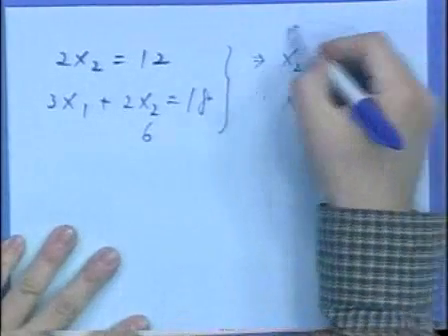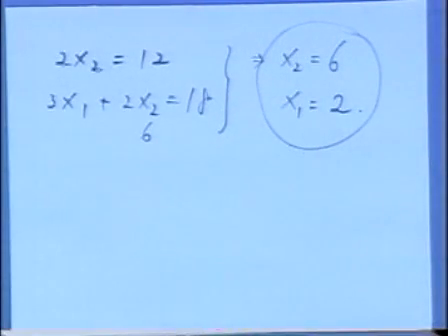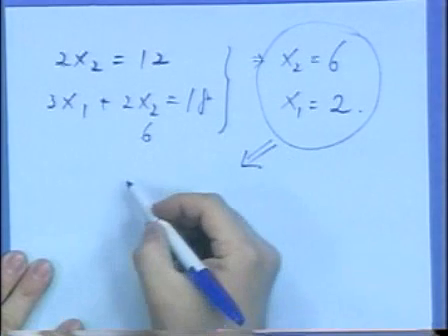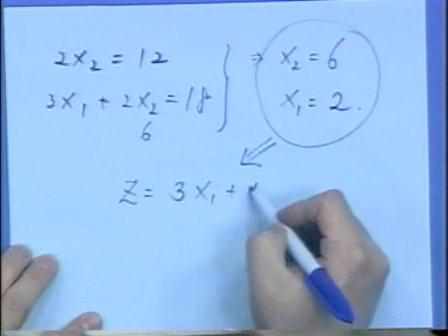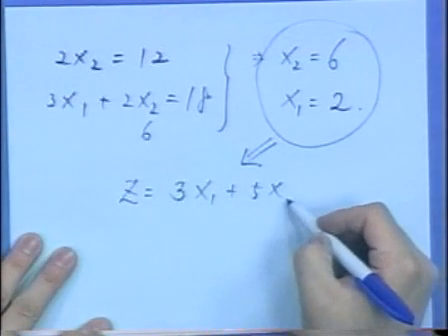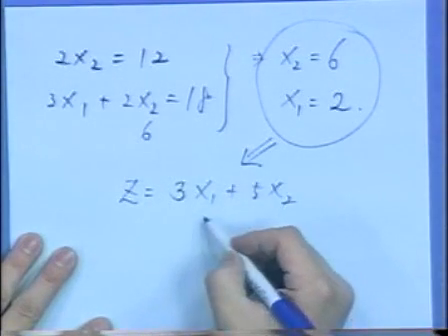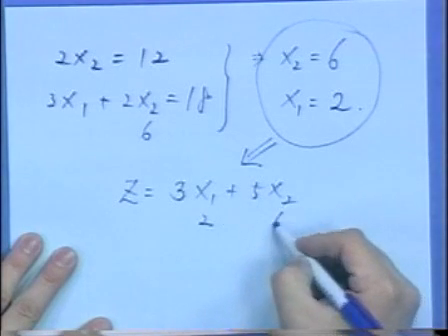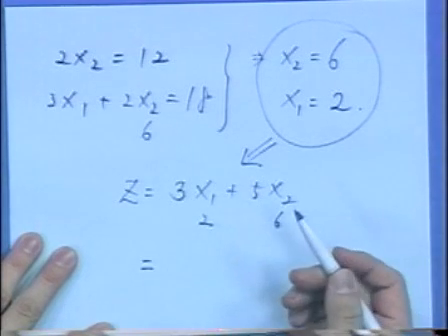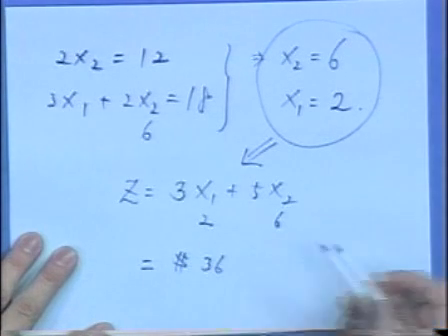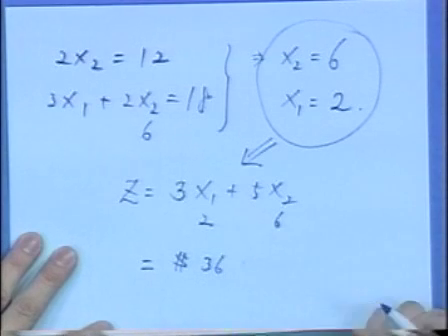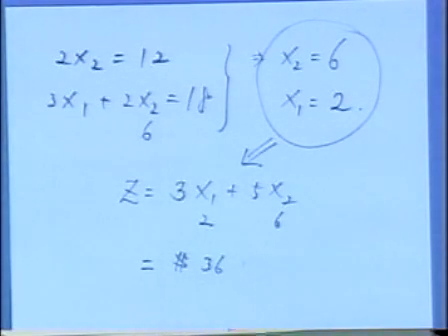So if we use these two values, then our objective function value would be z equals 3 times x1 plus 5 times x2, where x1 is 2 and x2 is 6. So the maximum profit would be $36,000, for example. Okay? It's very easy, right?